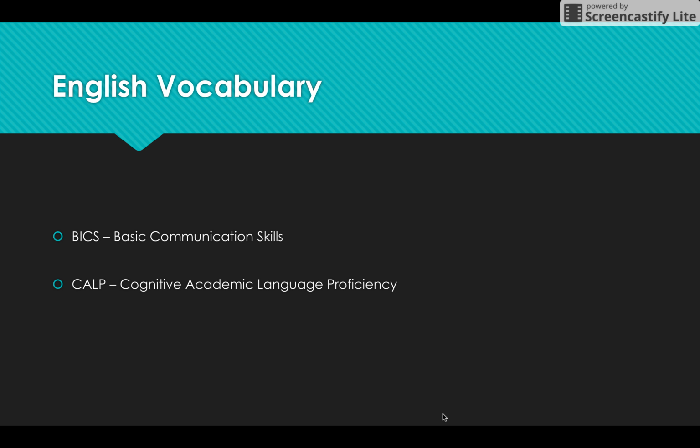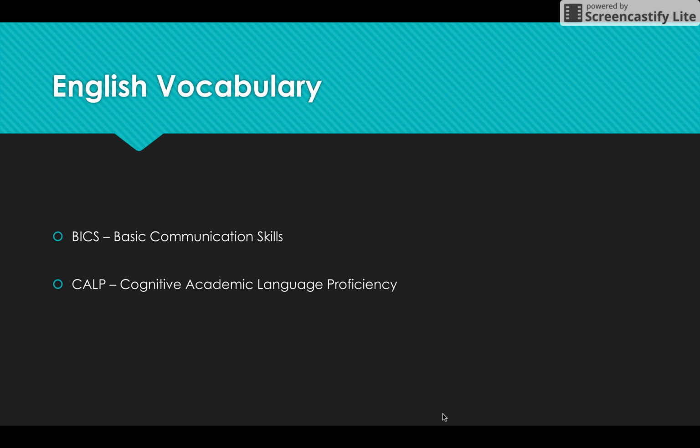There are two categories for English vocabulary. One is BICS. It's the basic communication skills. This is everyday language that a student will need to be able to communicate in English. There's also CALP, which is the cognitive academic language proficiency.